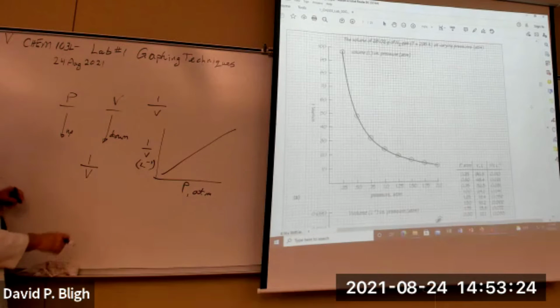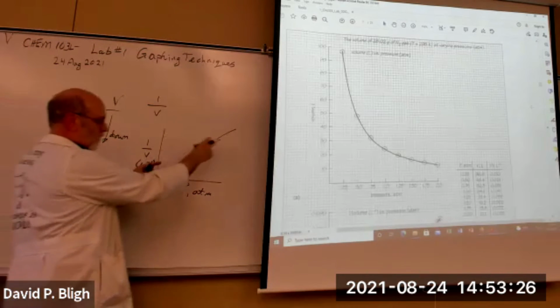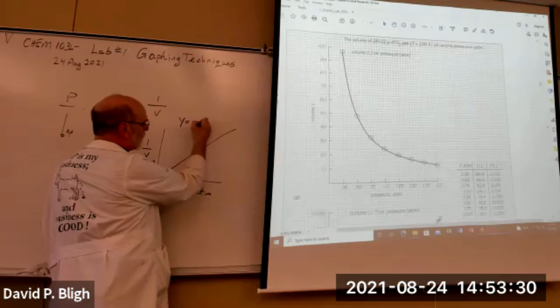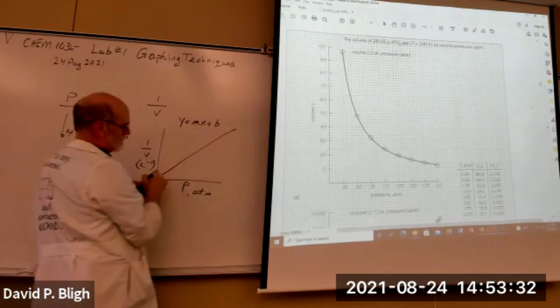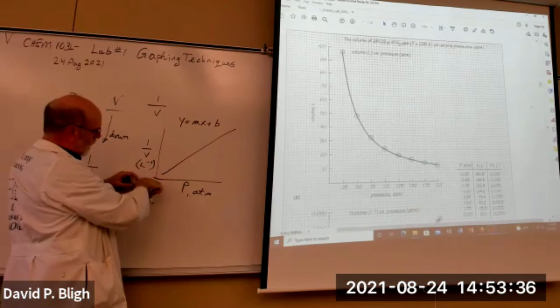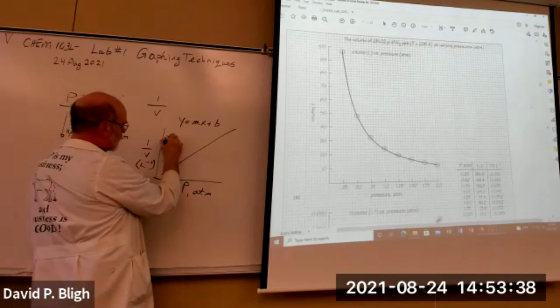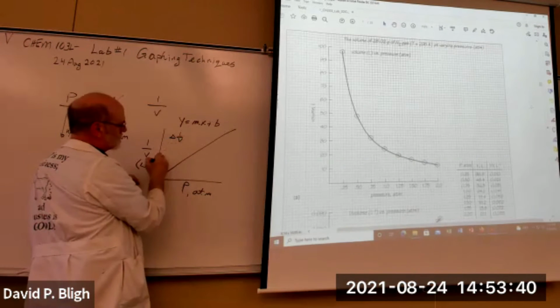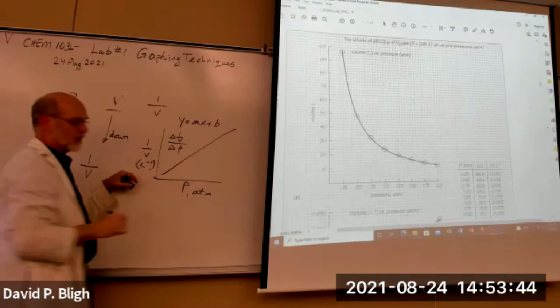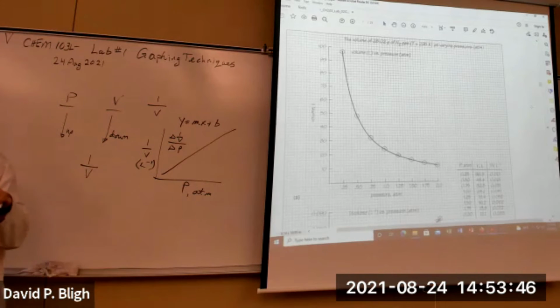But how do we define that line? Well, if we say y equals mx plus b, then the slope is going to be the rise, or a change in 1 over V, divided by a change in pressure.